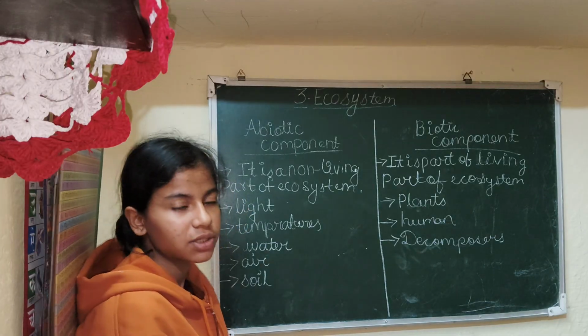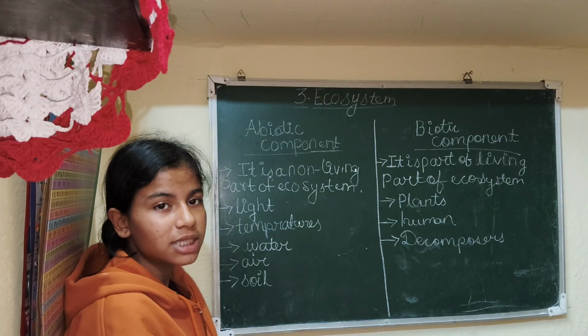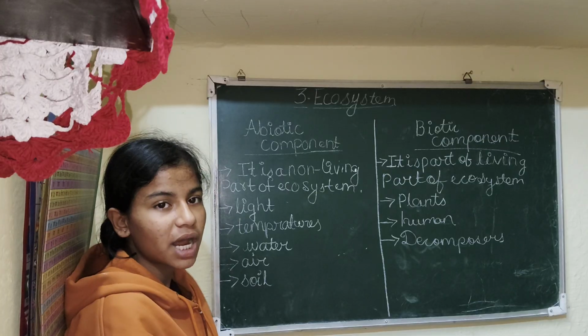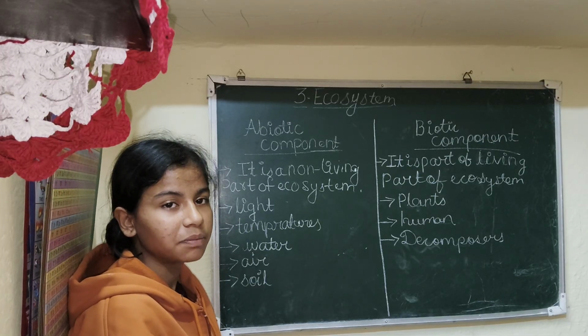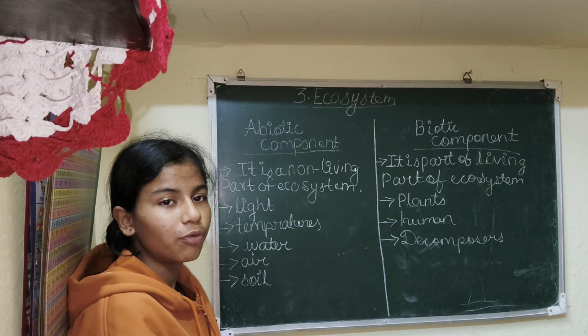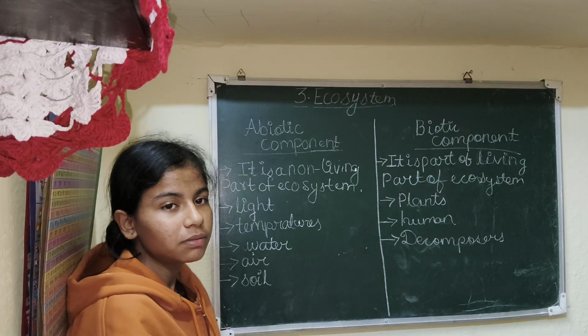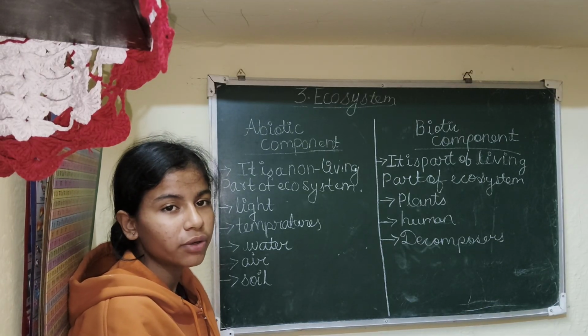First is plants. As I told you, plants make their own food by the process of photosynthesis. If plants did not make food by this process, what would happen? The food or minerals that the plant needs would not be there, and food would not be produced.